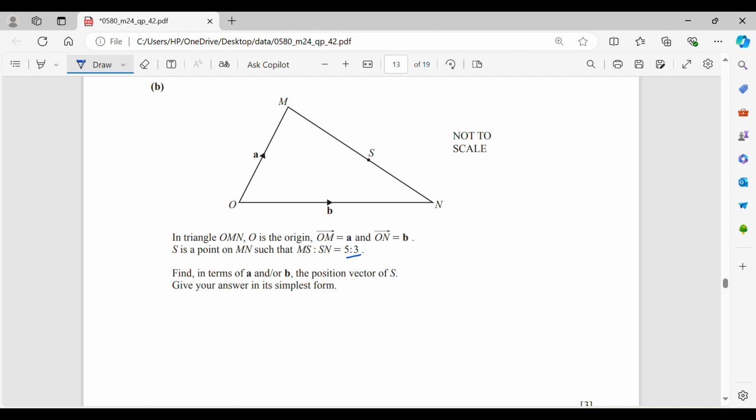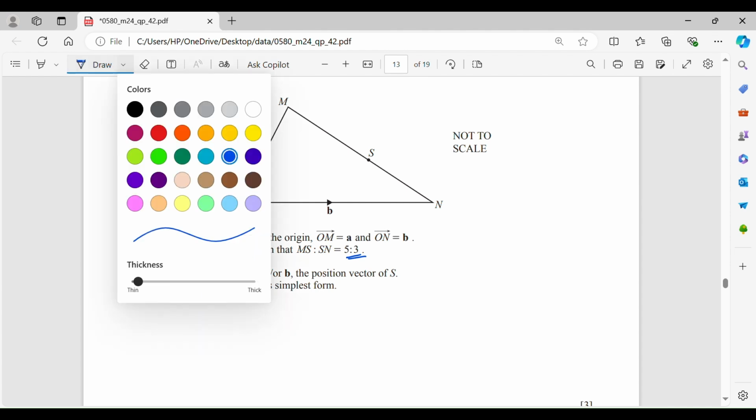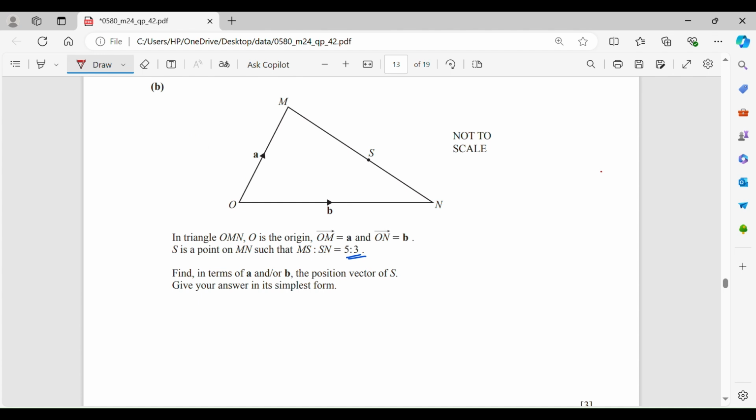That means MN is divided into two parts at S, so their ratio is 5:8. So MS will be equal to 5/8 of MN, and SN is equal to 3/8 of MN, right?